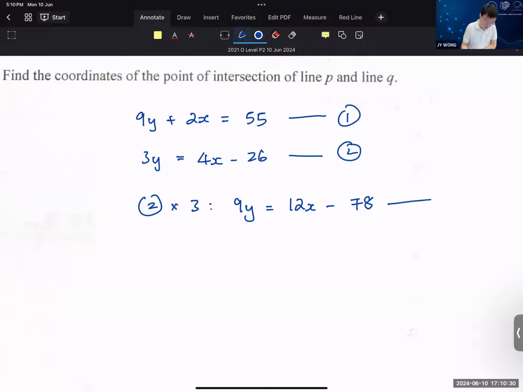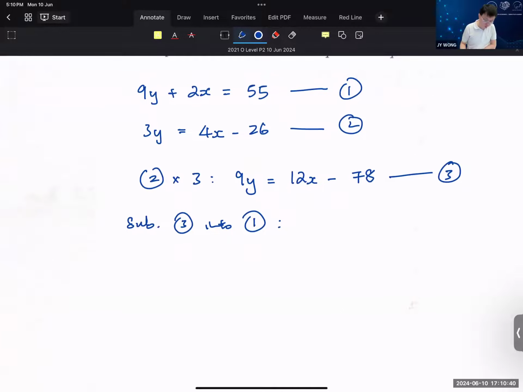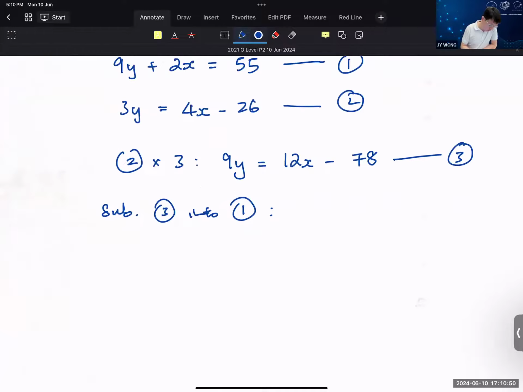This is my equation 3. And then I will sub equation 3 into equation 1. Or you can do it by elimination, which is to take equation 3 minus equation 1, up to you. I'll just do substitution here.